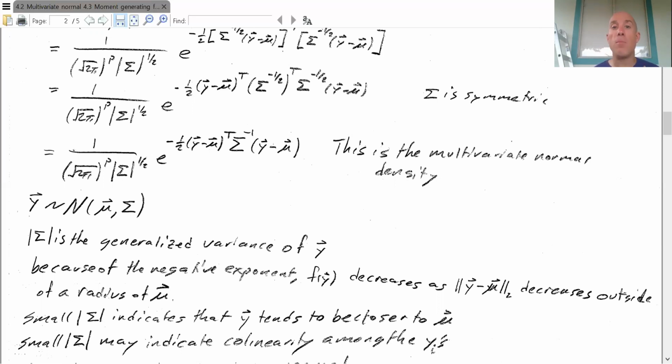It could actually be both situations, because if two variables are very close to each other in terms of collinearity, then that can shrink down that determinant, even if everything else is pretty well spread out. In that situation, if we were to drop the second one that is collinear, it's possible to get a larger generalized variance.